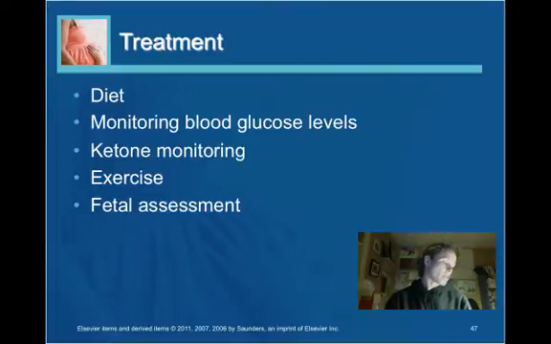It is important to note that most hypoglycemic oral agents, such as metformin, are not used during pregnancy because they can cross the placenta and possibly result in birth defects. Therefore, insulin is often the drug of choice if the more conservative measures aren't effective in maintaining proper blood sugar control.